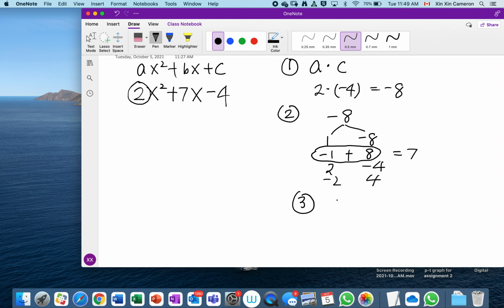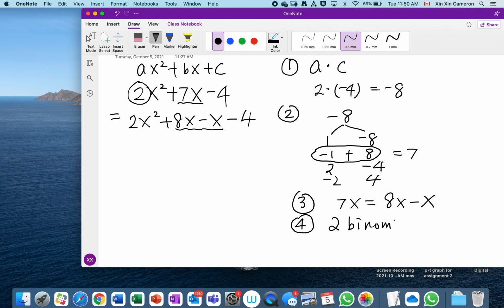Now the fourth step is that we're going to look at two binomials. What do I mean here? Let's take a look, I'll use a different color.